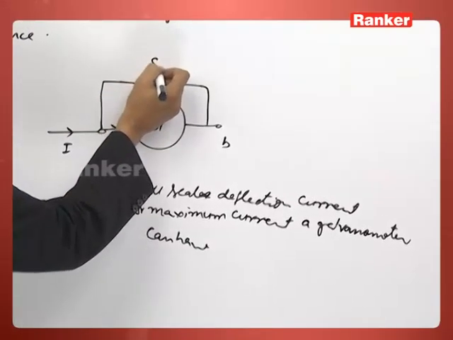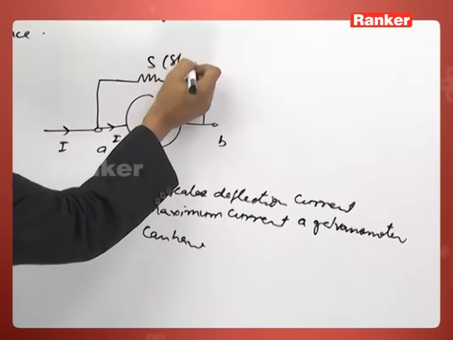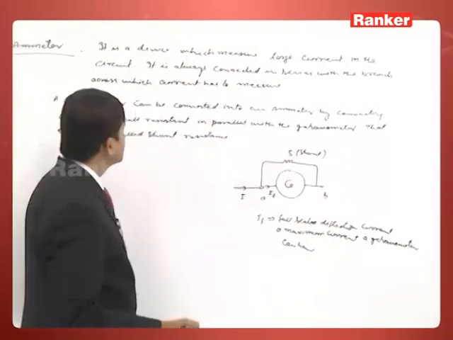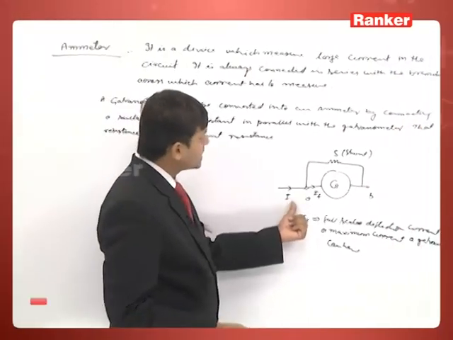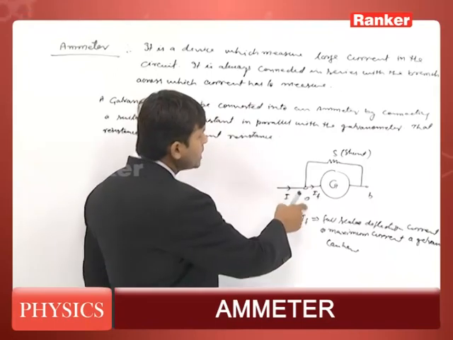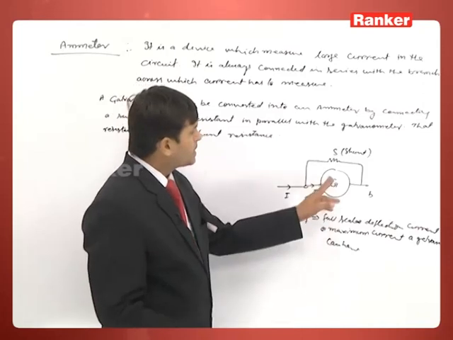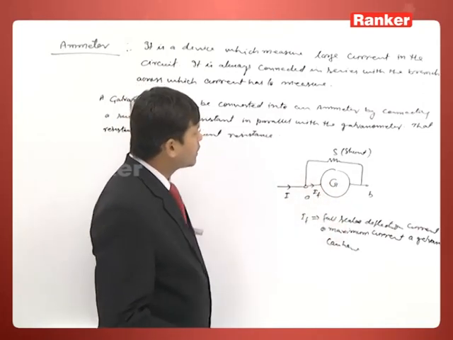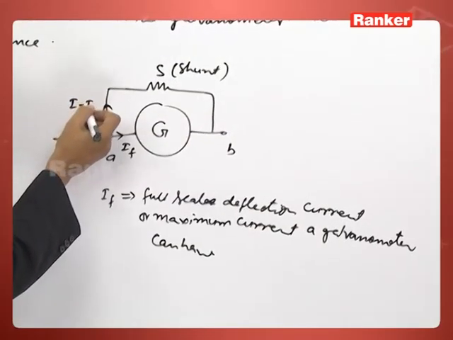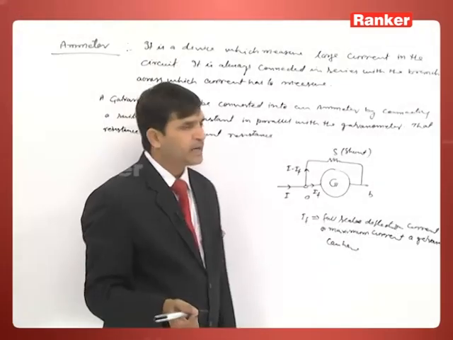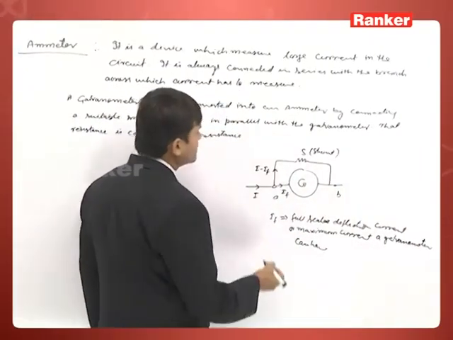This is called shunt resistance and we represent it with S. Then when current I enters the instrument, we should adjust the value of S so that only IF goes through the galvanometer, and the remaining current passes through the shunt. Through the shunt the current will be I minus IF. So finally this is our instrument which is ready.